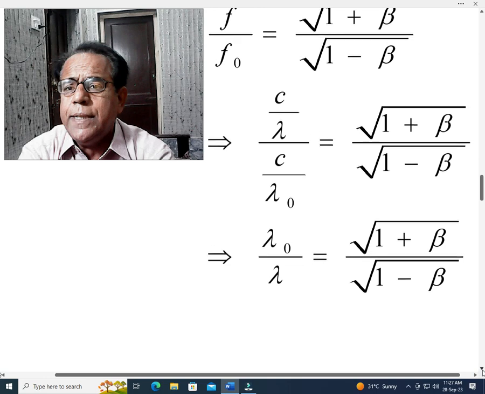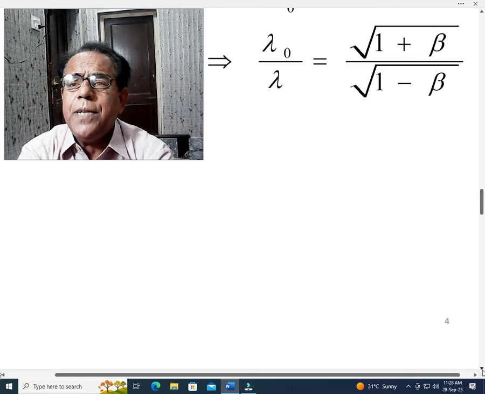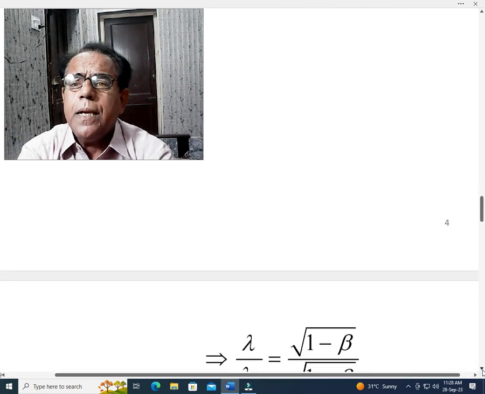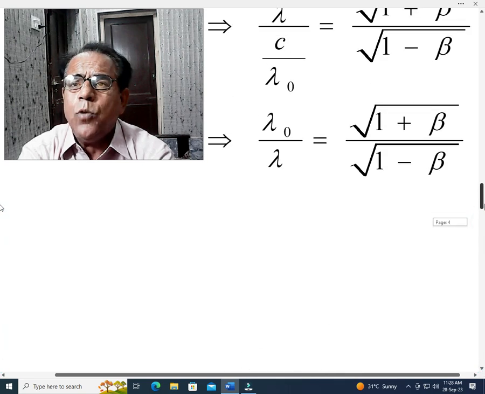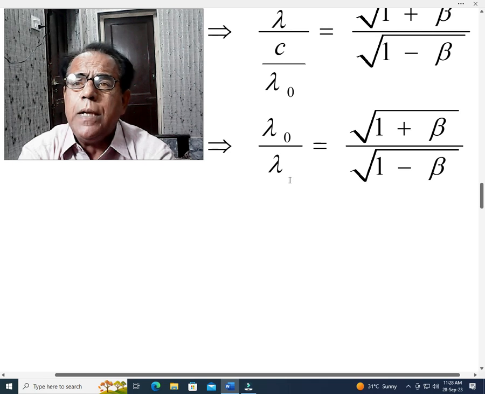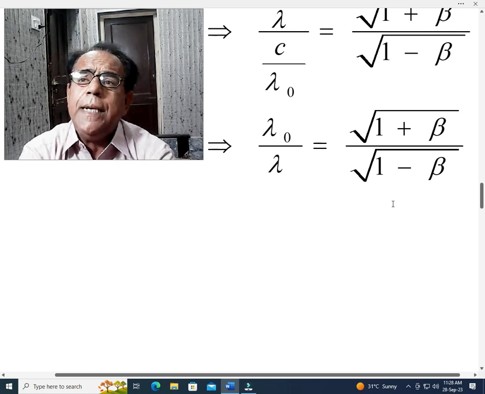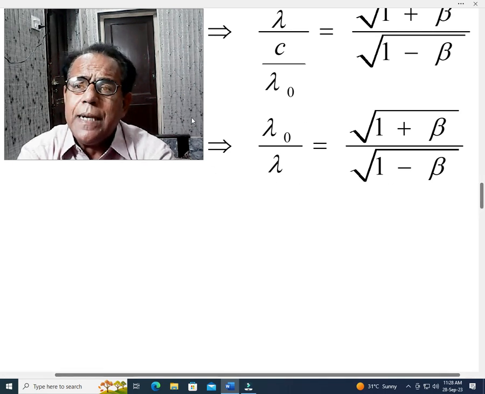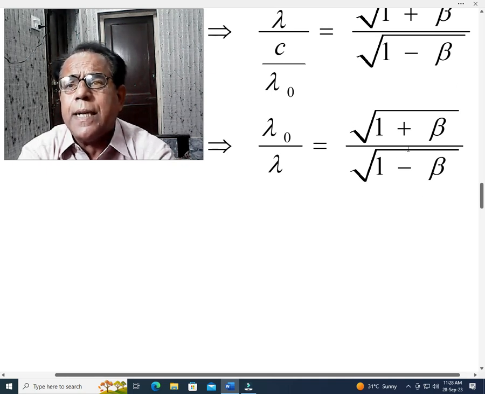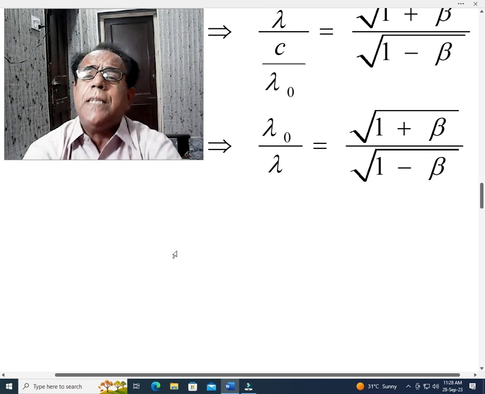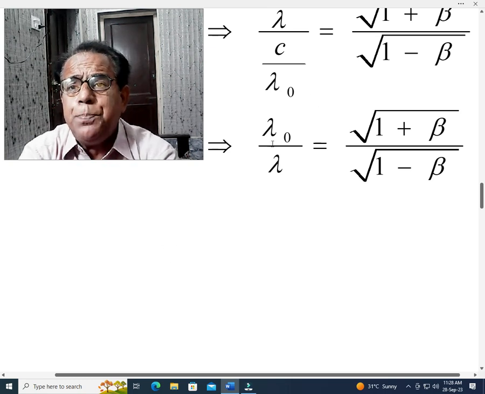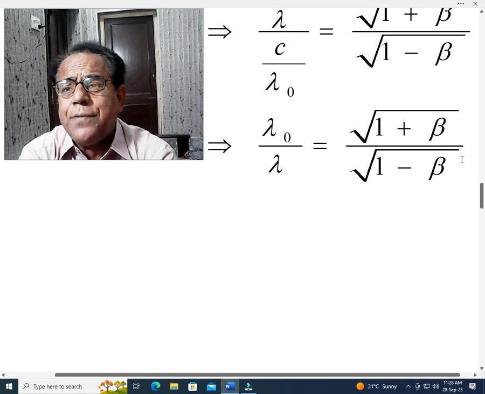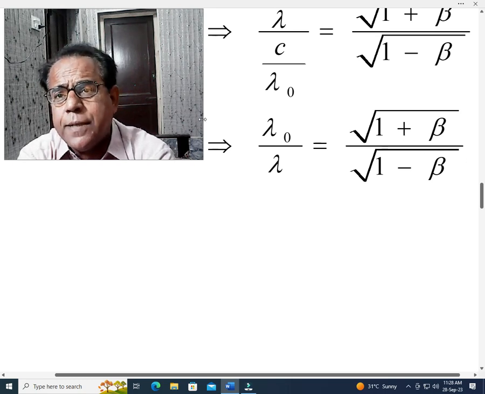Now in the next step, instead of lambda naught over lambda, we have found lambda over lambda naught. When we take the reciprocal of this, in other words, we shift this portion to the other side of equality as well as we shift this portion to the other side of equality.